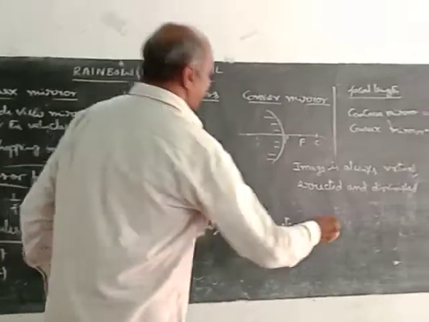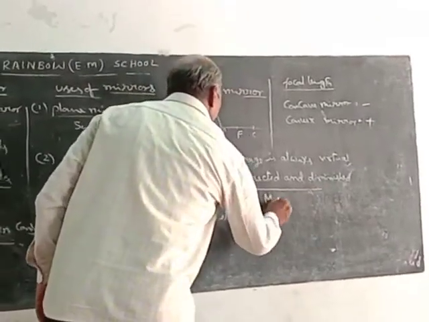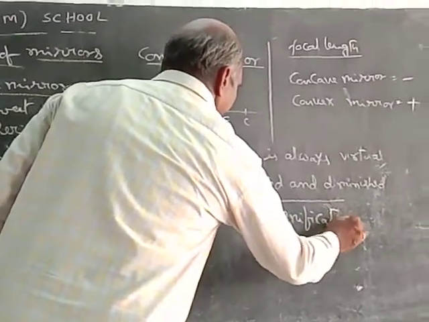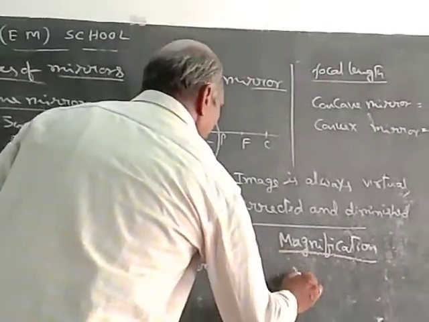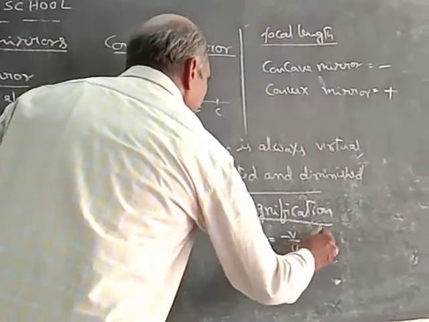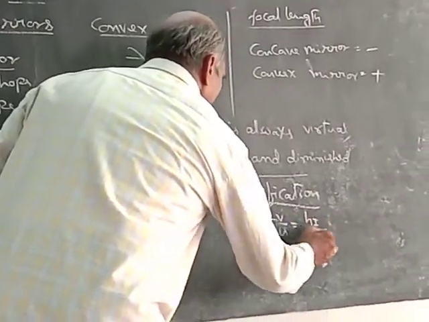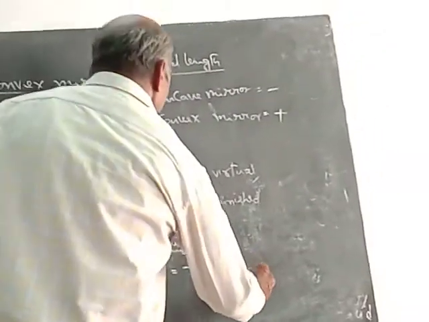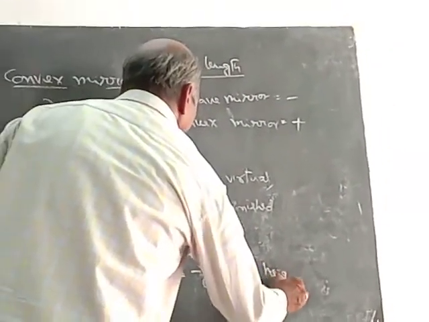Last one is magnification. What is meant by magnification? Denoted by letter M, M is equal to minus v by u, equal to hi by ho. What is hi? Height of the image.